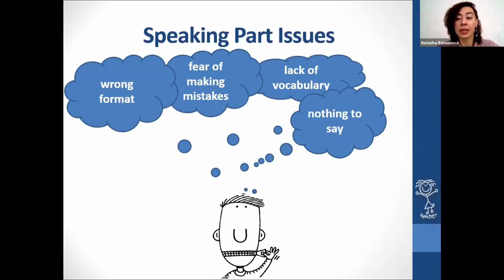Irina also says that very often the students are nervous that there's not enough time there, and I absolutely agree here, because we know that there are time limits.